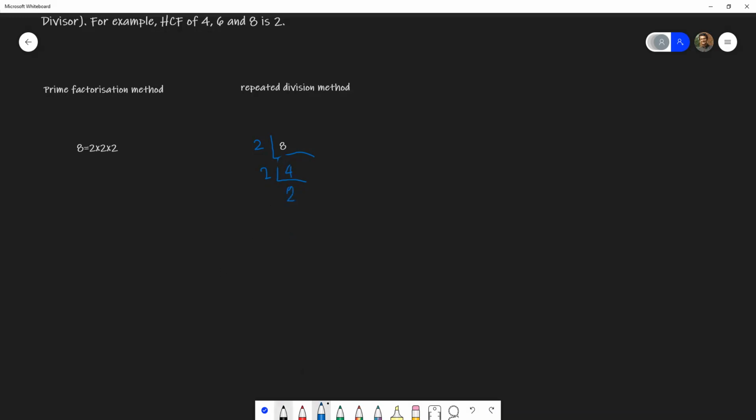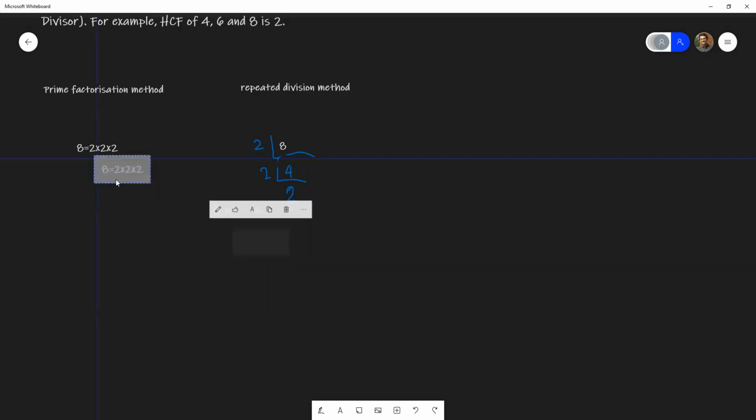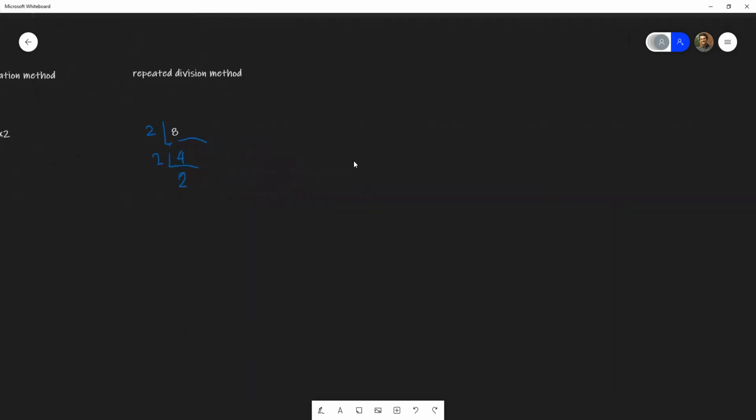So we get 8 equals 2 times 2 times 2. Okay, we don't have to write it. It's the same thing as this. So this is called the repeated division method. And there is another one.